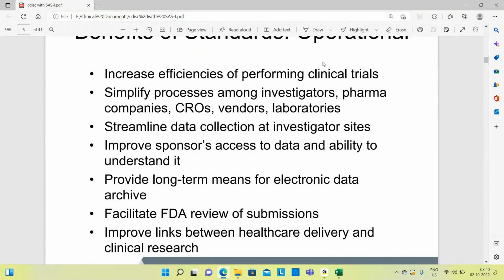It simplifies the process among investigators, pharmaceutical companies, CROs, vendors, and laboratories. If everyone is following the same standards, the process is simplified among all of them. It streamlines data collection at investigator sites. Suppose you are conducting a multi-center trial, conducted at multiple centers, you can streamline the process.